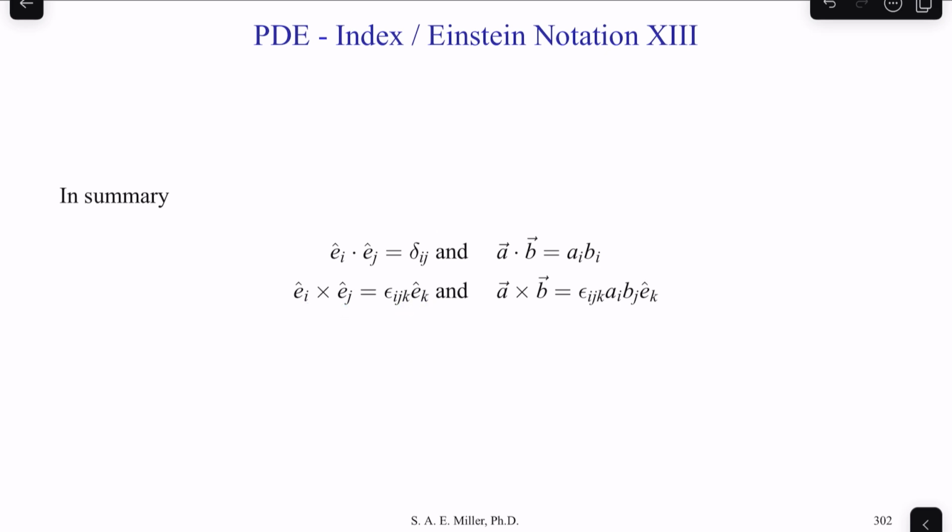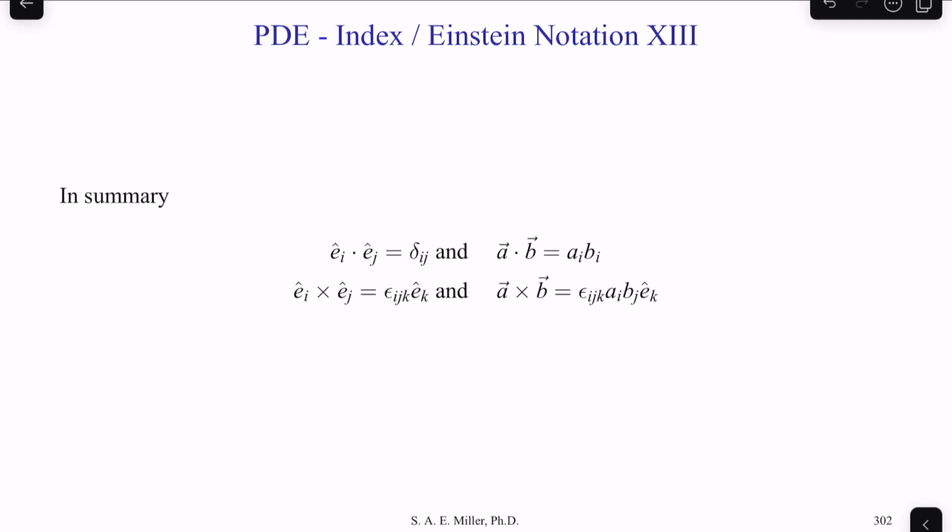The corresponding dot product of two vectors, A and B, will just be A_i B_i, which, as you know, results in a scalar because that's A1B1 plus A2B2 plus A3B3.